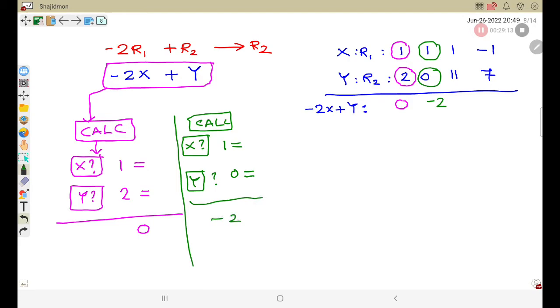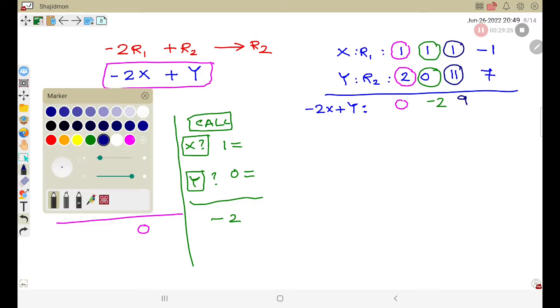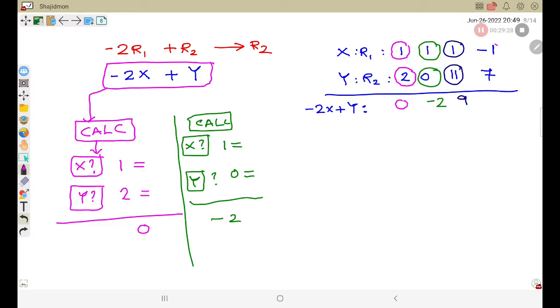Again press calc and continue: apply 1 and 11, and the calculator gives 9. Again press calc, minus 1 and 7, and you get 9 again. I hope you understood how we are doing it in the calculator.